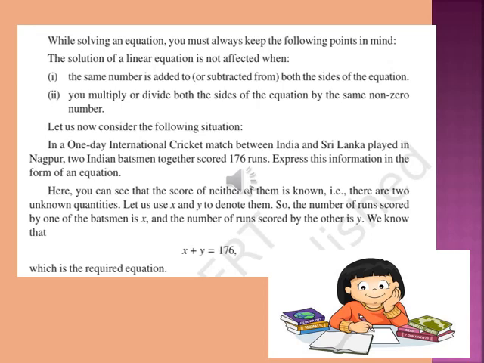Now here the addition of their runs is given, 176 runs. So we will frame the equation x plus y equals 176. In this equation, two variables are used and therefore it is a linear equation in two variables which fulfills the condition: together scored runs by both the batsmen is 176.